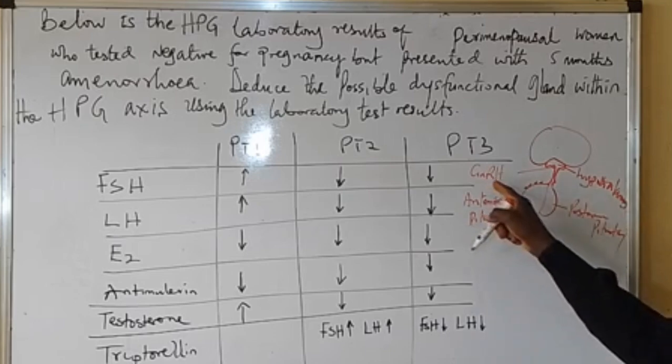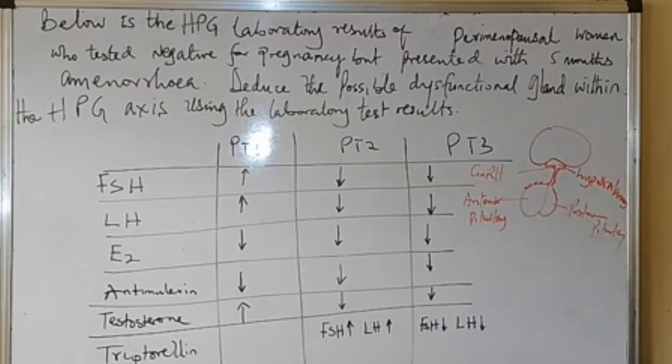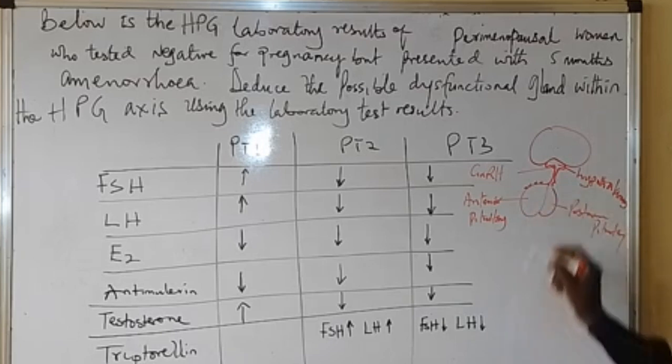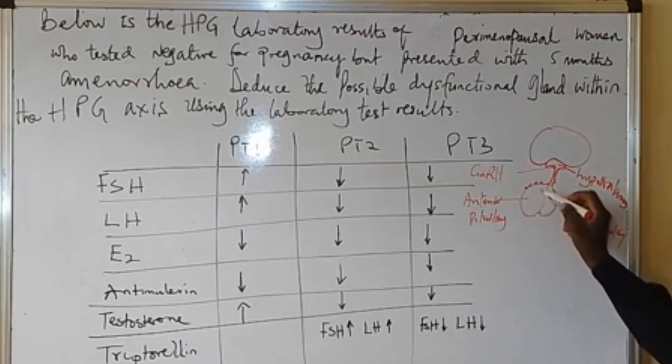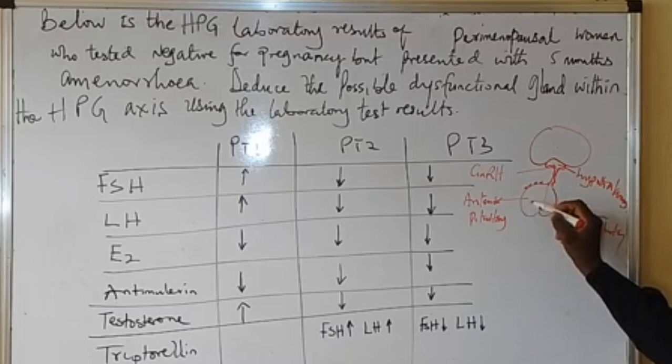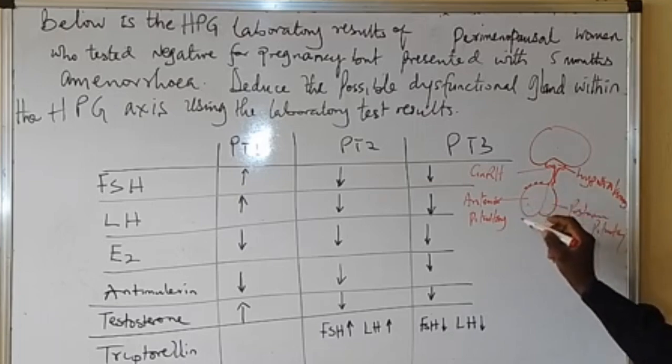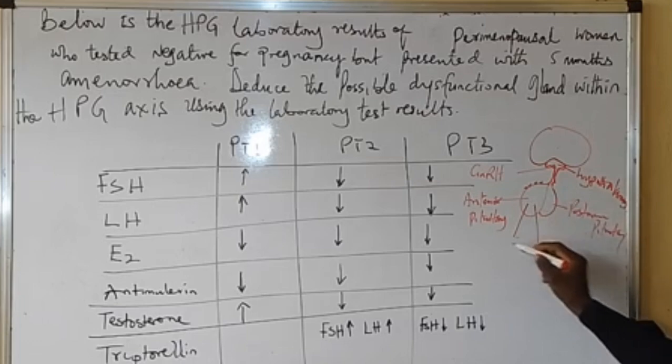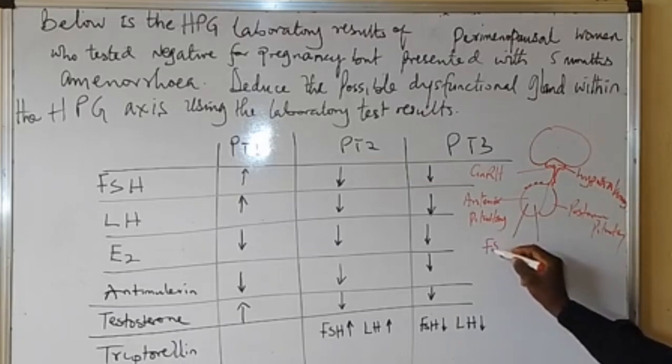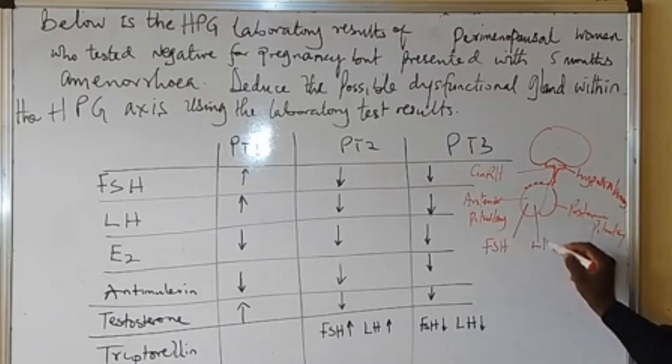Once the GnRH binds to these receptors, it will trigger an intracellular response that causes the release of two major hormones from the anterior pituitary: FSH and then LH.